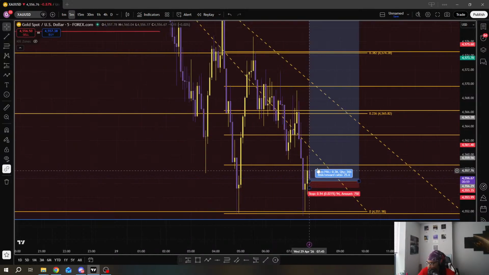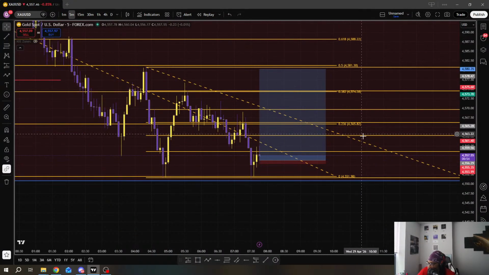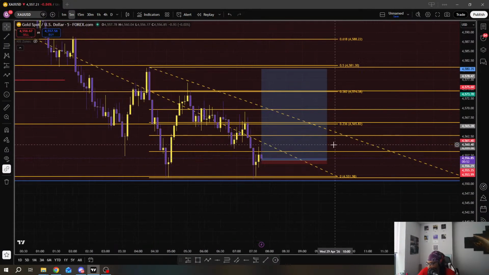That was a cool trade. I had a very ambitious TP. But I still think this thing is gonna go.